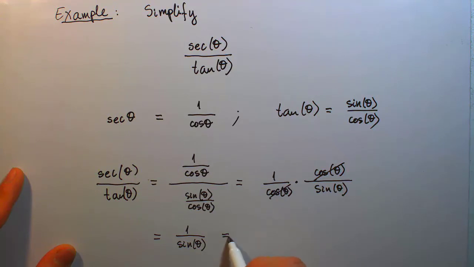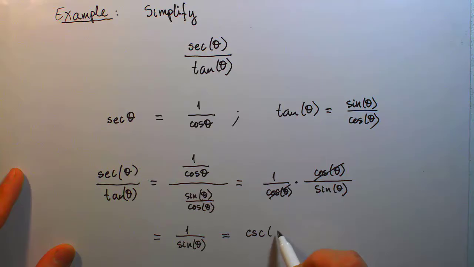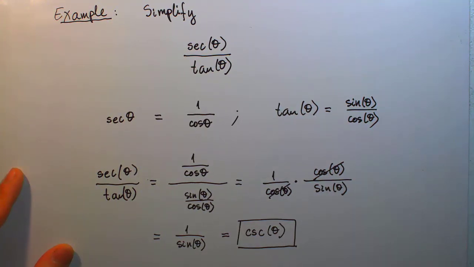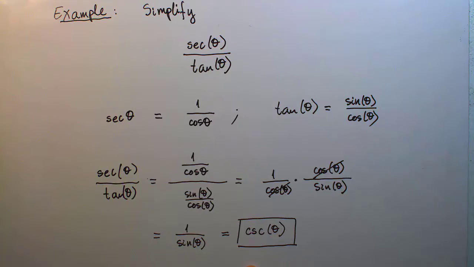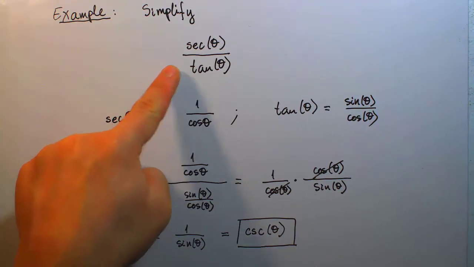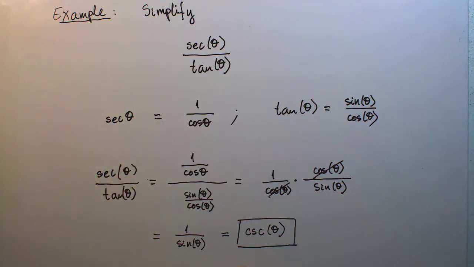However, we can rewrite this as cosecant of theta, and that's making it even more simplified. And so this final ending point is where we finish with our simplifying problem. We simplify an expression that starts out being secant theta over tangent theta, and we simplify it down into an expression that involves only one function and only one operation, the cosecant.